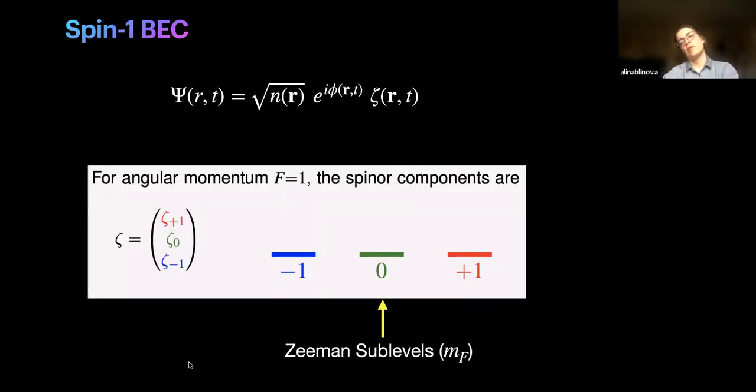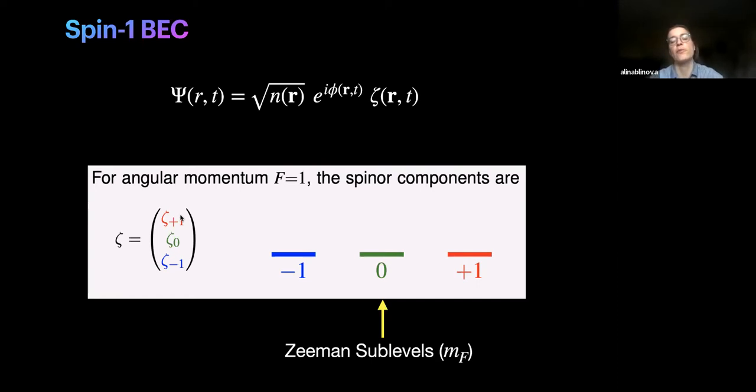So in this talk, I'll be talking about our experiments, which we've done in the spin 1 Bose-Einstein condensate. So this Spinor order parameter zeta is a 3-dimensional order parameter. We are dealing with a hyperfine spin F equals 1, and we can choose a basis to represent this vector, which will have 3 spinor components, which are the Zeeman sublevels, which we're probably familiar with from basic quantum mechanics.